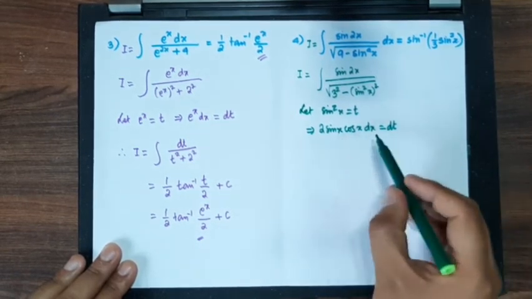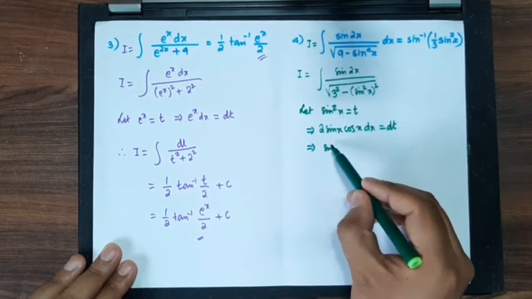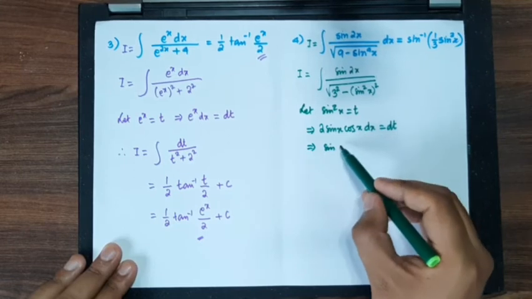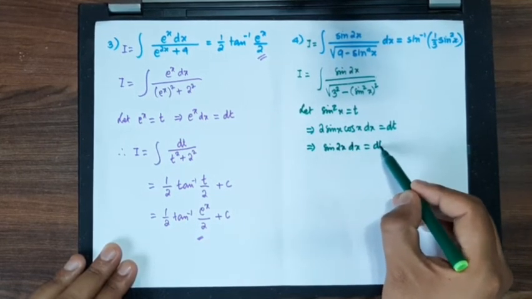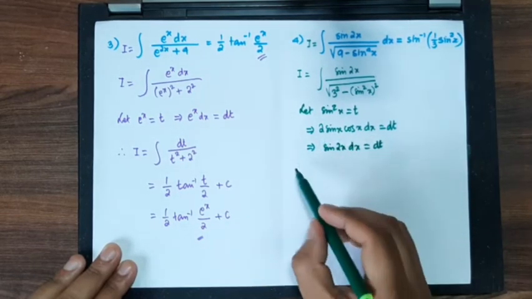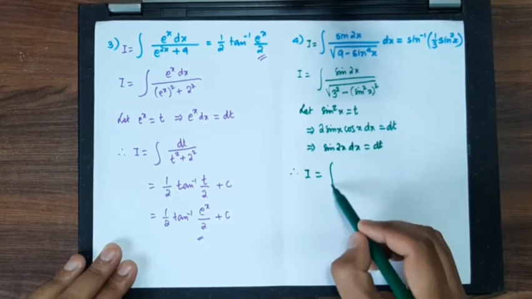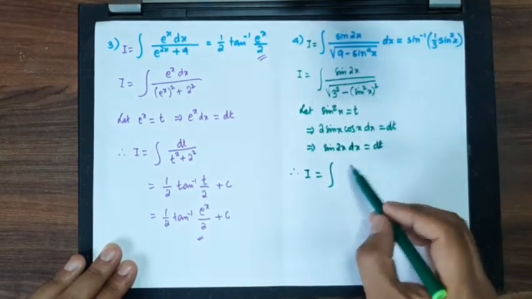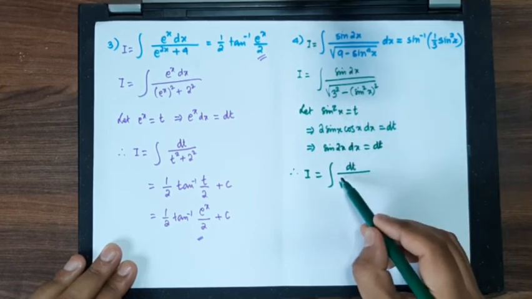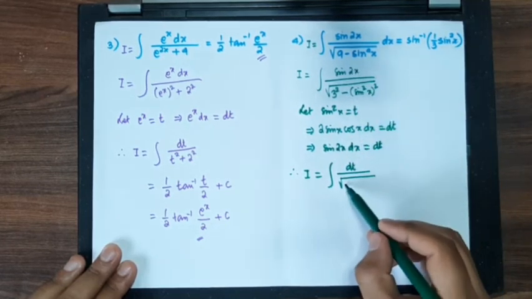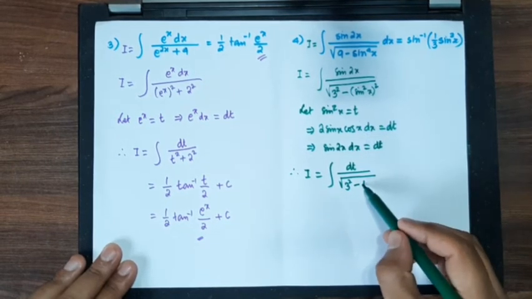And how much is this? This is actually sine 2x, since 2 sine x cos x is sine 2x, right? So sine 2x dx can be written as dt. Let us go back to our formal question, that is I equals, okay, sine 2x dx can be written as dt by, we have 3 square minus sine square, which can be written as t square, right?